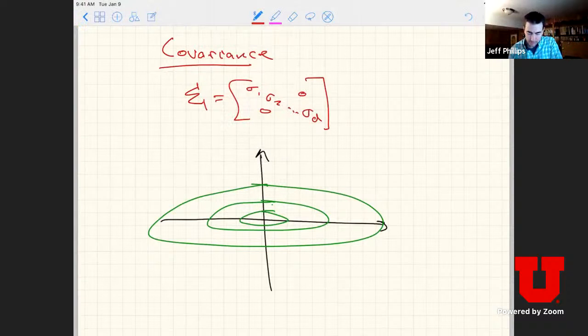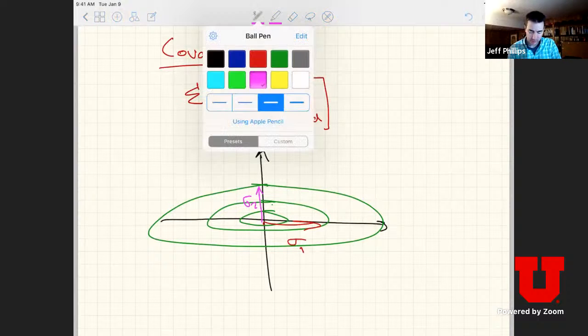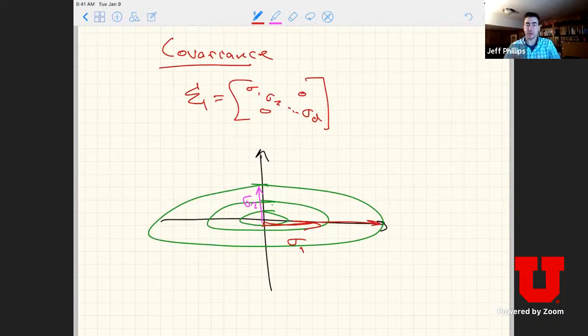The amount of stretch here might be sigma 1, the amount of stretch here might be sigma 2, and maybe sigma 1 is bigger, so it's stretching more on this axis.